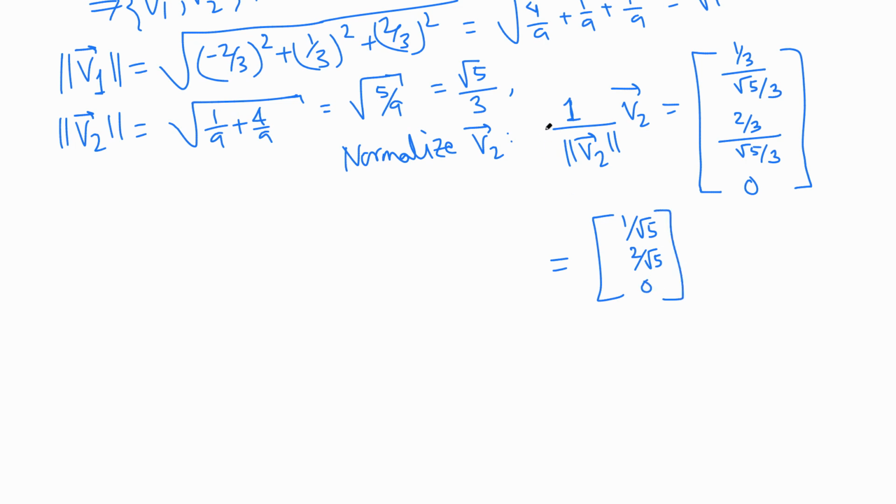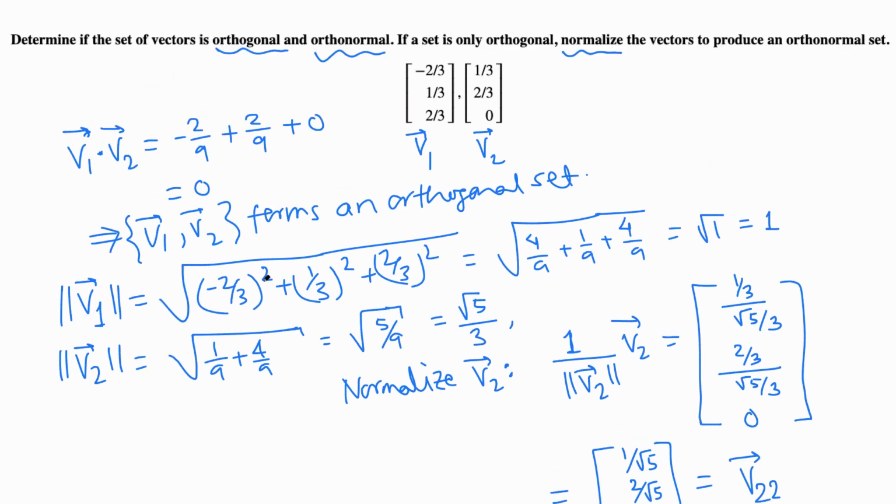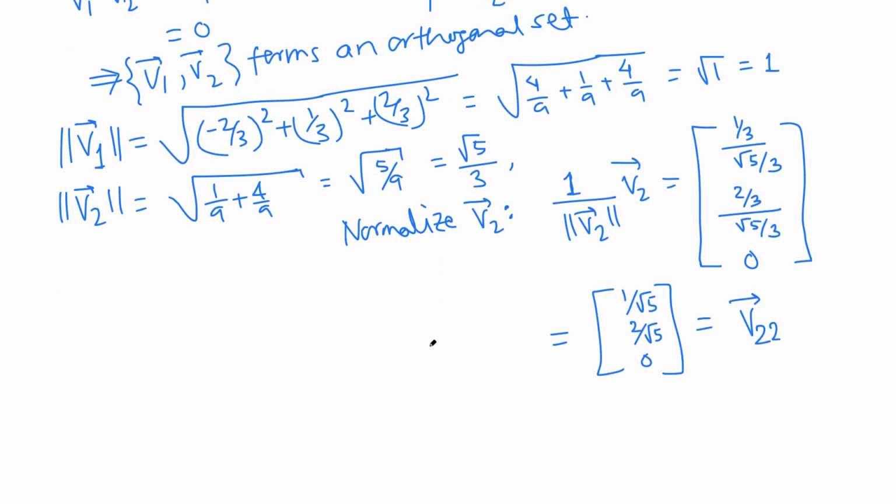We can call this one normalizing v2. Let's call this one v2 2. So this vector and v1 form an orthonormal set.